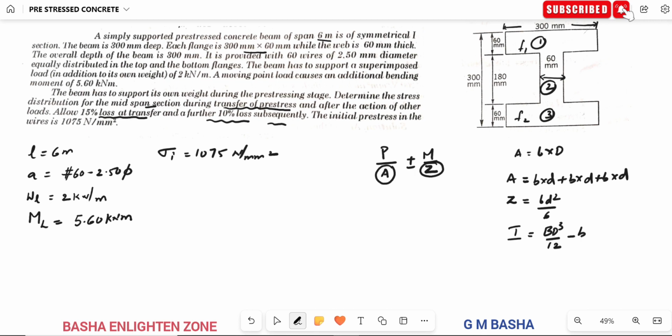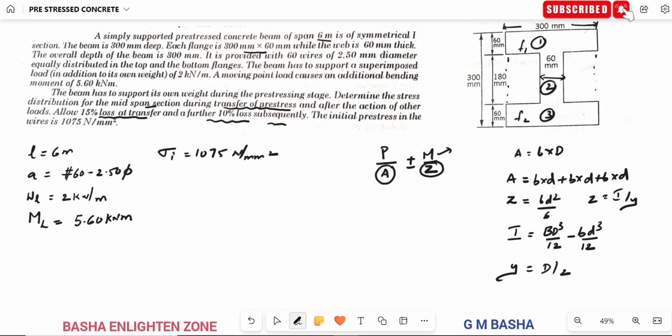So BD cube by 12 means the entire I section along with this rectangular part will be covered. Later we will remove this excess part for finding the I of the section. I will show you how it will be. And for finding Z, that one will be equal to I by Y in the symmetrical I section. And what about this Y? Y equals maximum distance by 2 you will get.